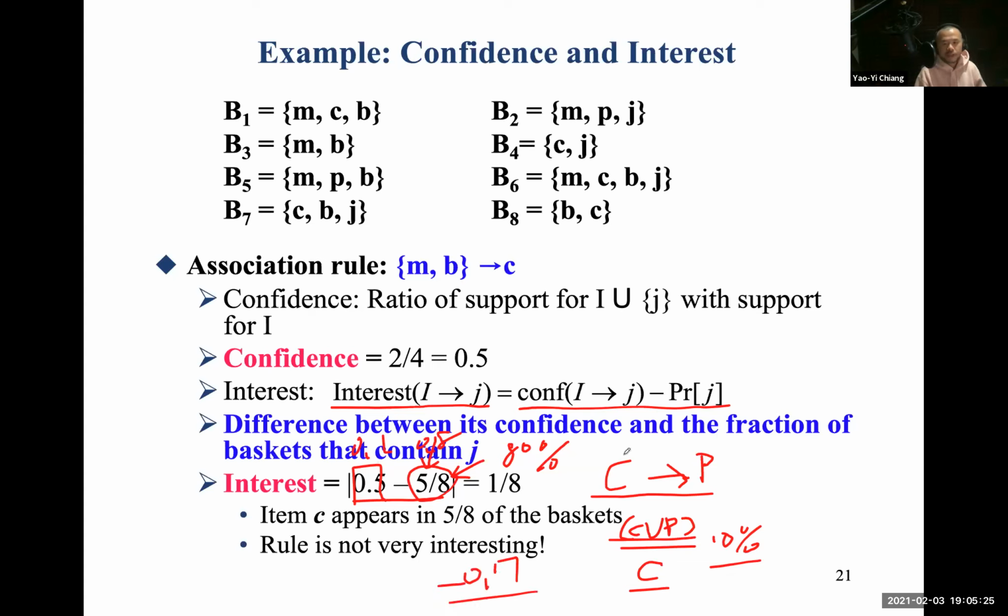This tells you that if you see Coke, it's unlikely that we'll be able to see Pepsi, and this could be an interesting rule, right? High negative values is interesting. All right. Often they are mutually substituent items. Yes.